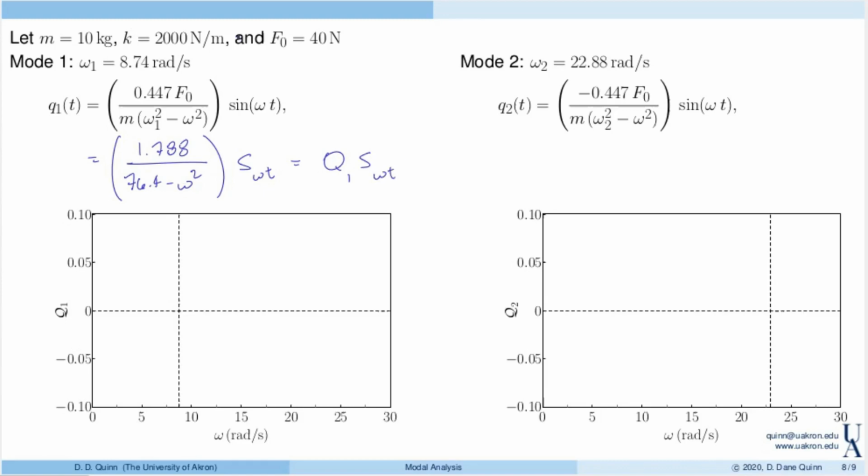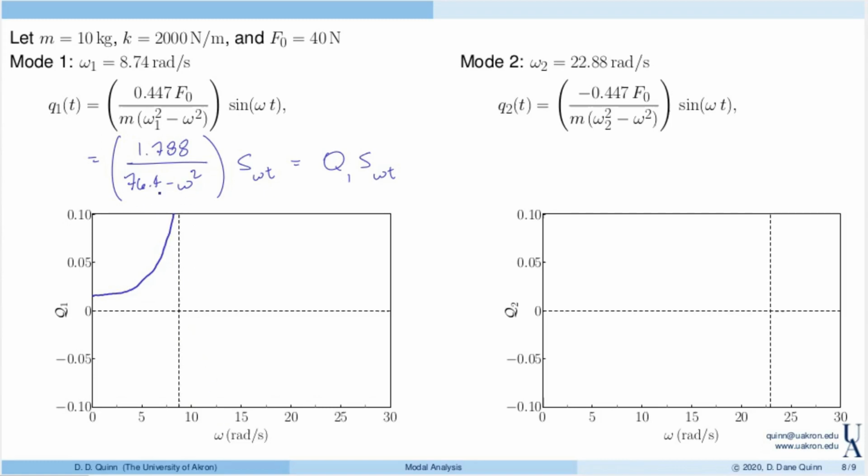So what I want to do is basically plot the modal amplitude as a function of the forcing frequency. Notice that if the forcing frequency is equal to the natural frequency, this grows unbounded. And as you create the response, you end up with something that starts off at some value and then blows up as you approach the resonant forcing.